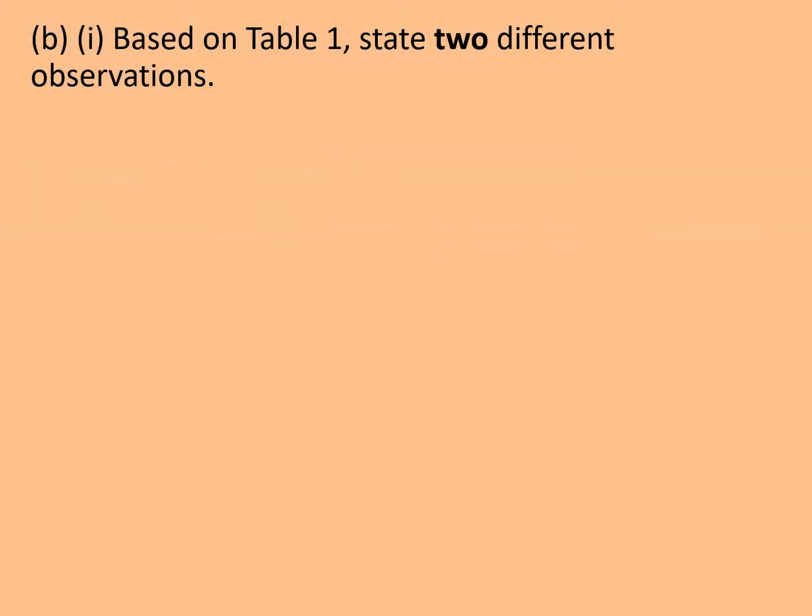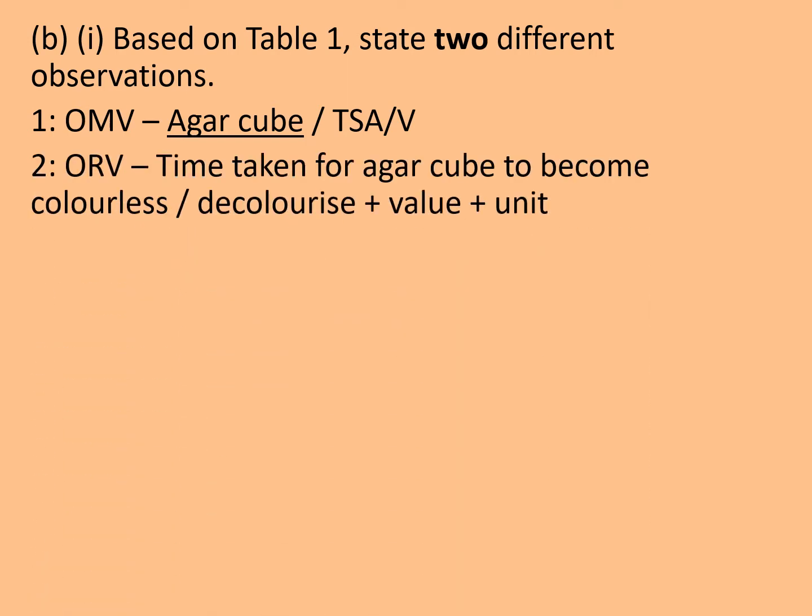Next, question B1. Based on table 1, state two different observations. Okay, from the table just now, operating manipulated variable is agar cube and total surface area per volume ratio. Operating responding variable is time taken for agar cube to become colorless or decolorized.